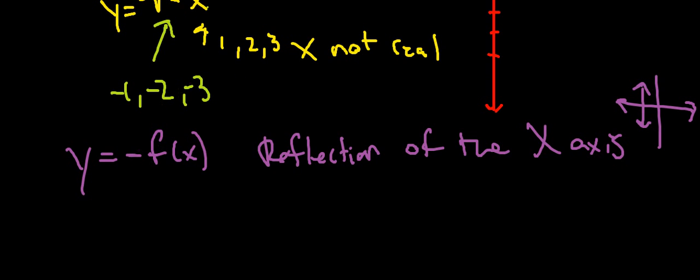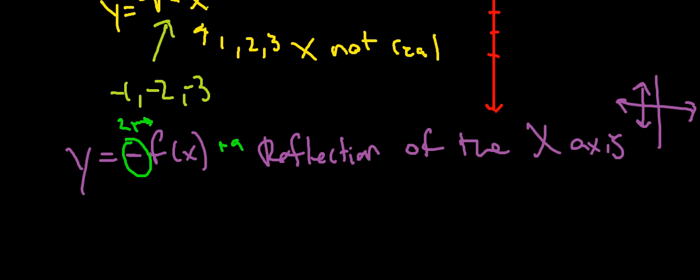So remember, things being multiplied by the function are generally going to be some kind of vertical change. If something's being added to it, if a number's being multiplied to it, it's going to be a vertical shift, a vertical compression or stretching, or a reflection vertically.